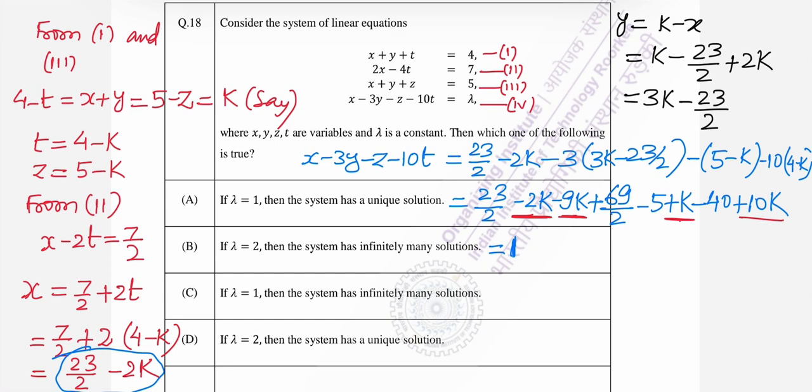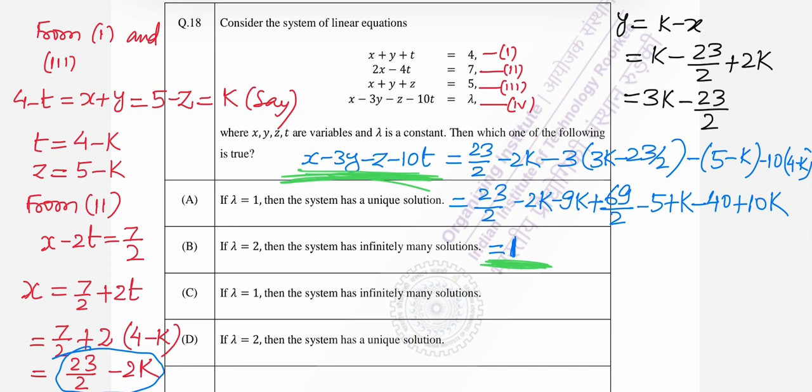So there will be no terms having k. Okay, so what does it mean? What does it mean? I show you again this one.